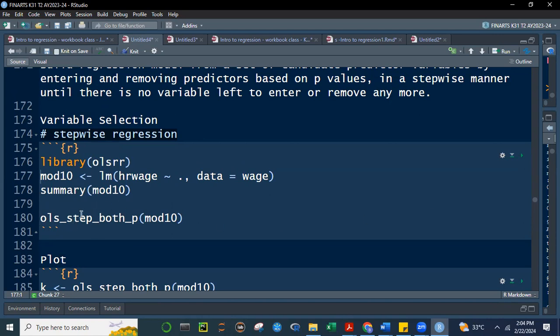Okay, then kindly copy this class, OLS step both P. And let's see what that means, class. What does this generate? If we run this, ordinary least squares step both, no? Stepwise, kasi my forward, my backward, ito both, no?